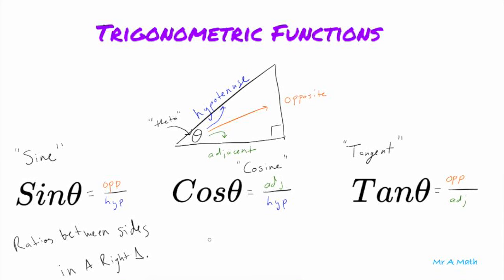And one simple, helpful tool to remember the ratios and which sides go with which function is this really common name called Sohcahtoa. And I'm going to write it out like this, color coordinated so you can maybe see what I'm referring to here.